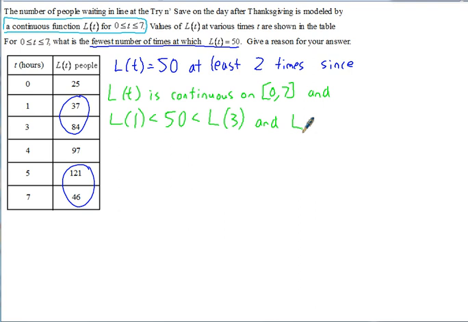And L of 5 is the greater value, so that's greater than 50, and 50 is greater than L of 7. And then just mention the theorem, by the intermediate value theorem.